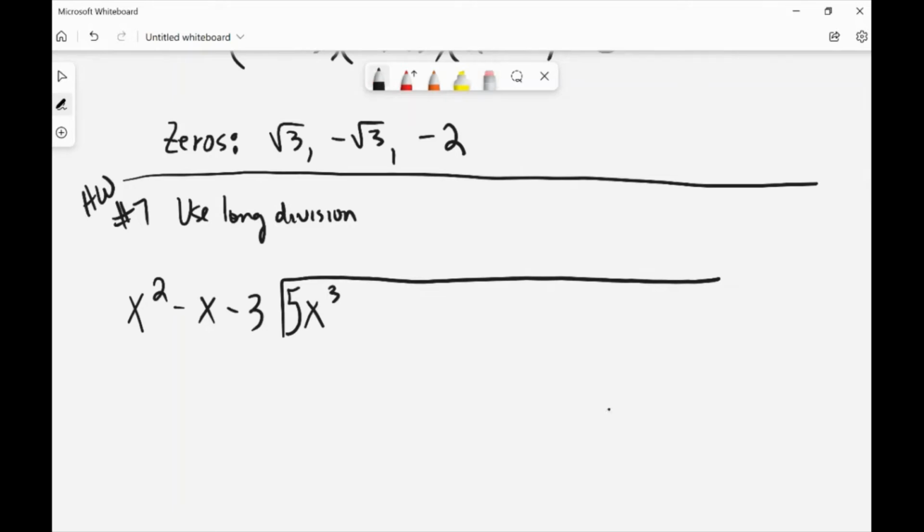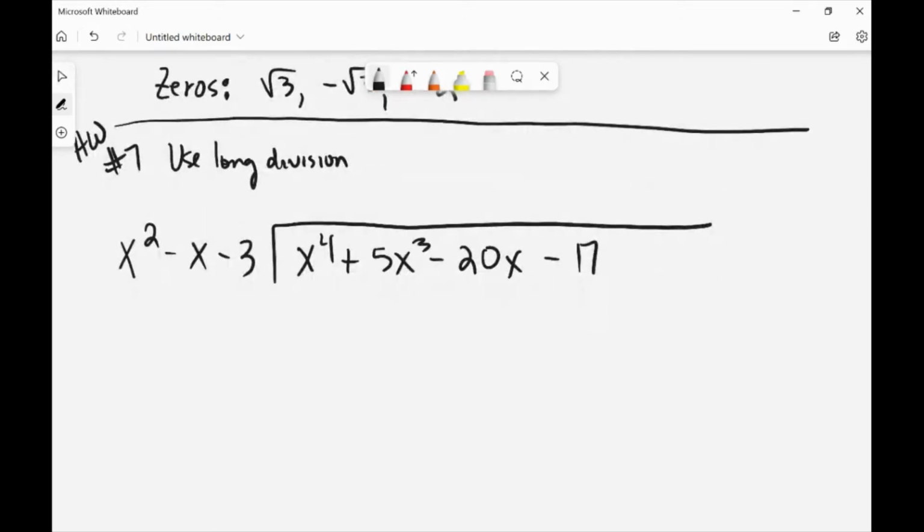X to the fourth plus 5x to the third minus 20x minus 17. So always write it in descending order, right? Or else it's going to be all over the place.